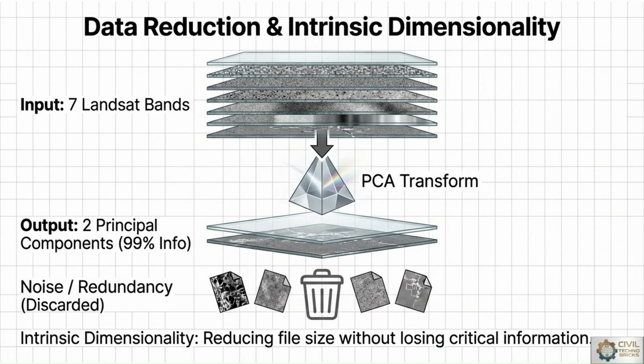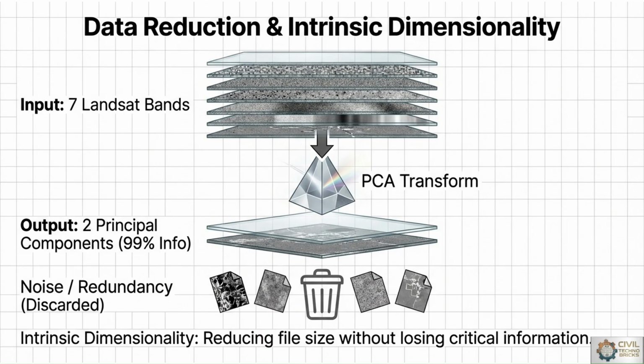So storage requirements and computational effort are significantly reduced, so that the output 2, which is based on the principal components of 99% information, where noise or any type of redundancy is discarded, gives us a separate and safe output. So from the civil engineering point of view, principal component analysis enables efficient handling of large satellite data sets for regional planning and infrastructural management.